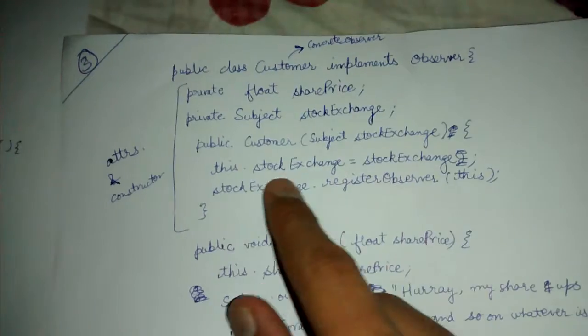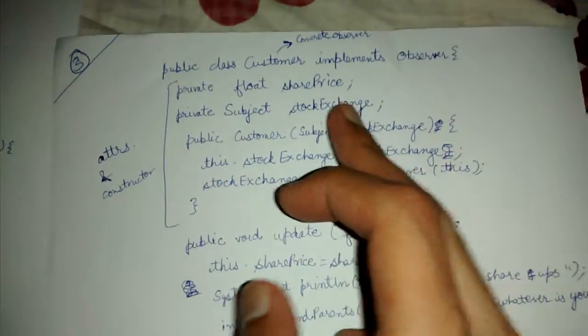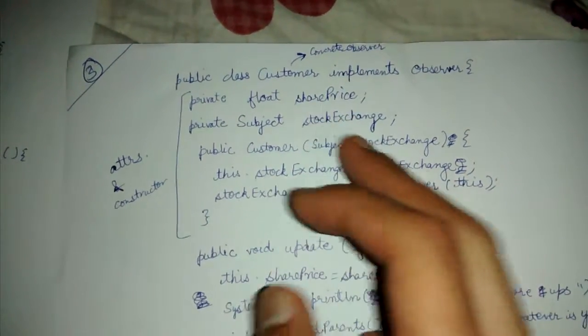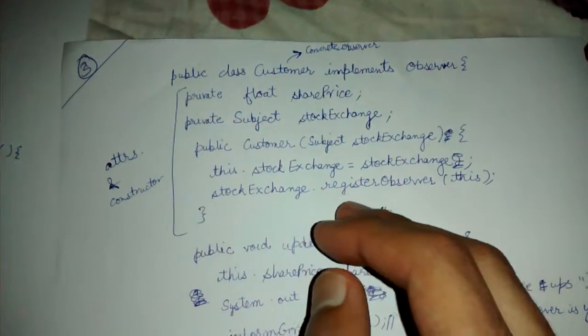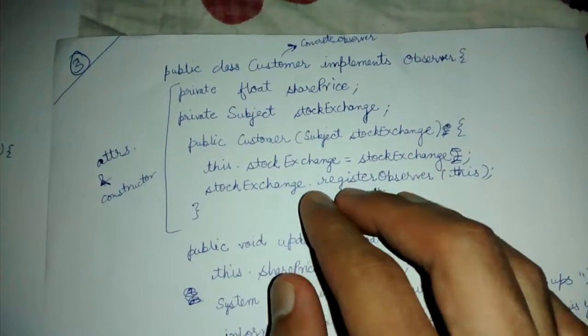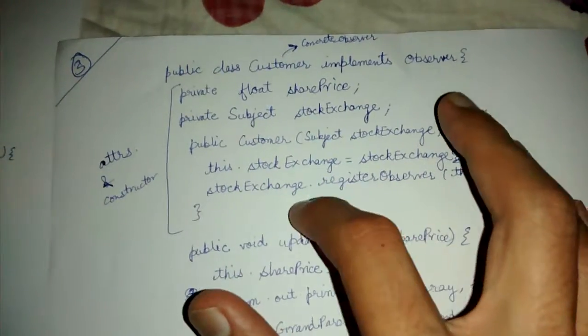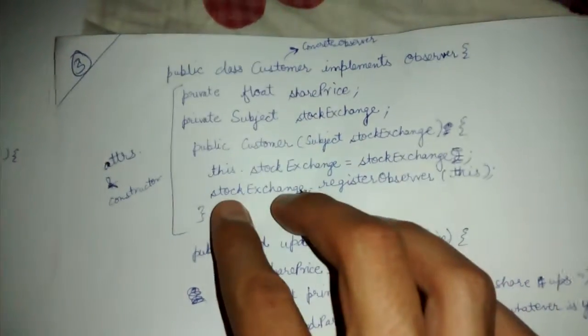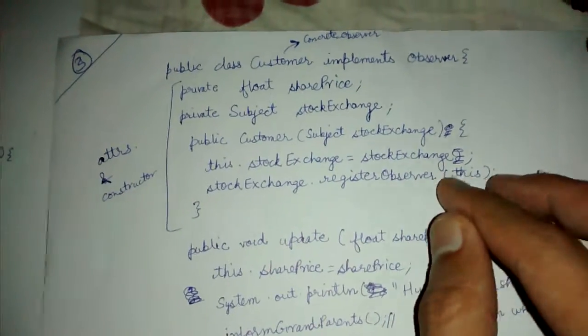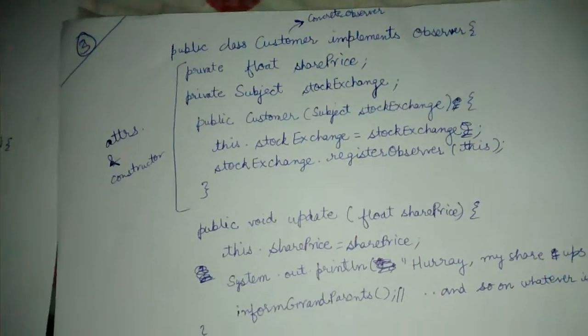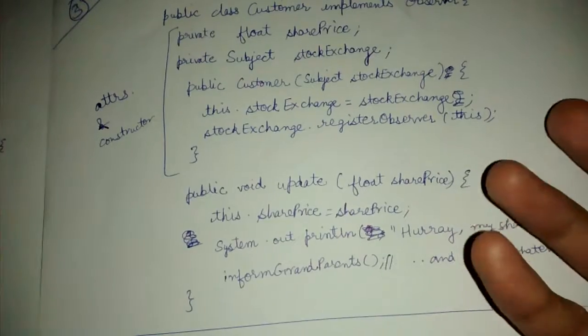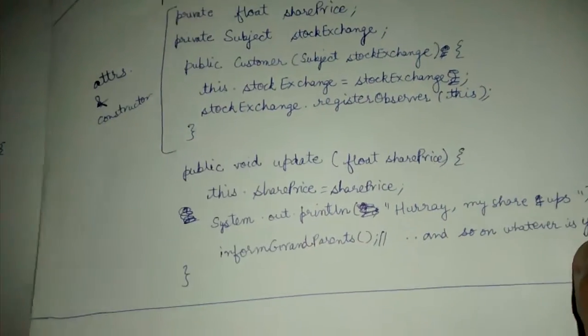So it will update its attribute by that, and in the next line it is registering itself to that stock exchange. So it will call register observer method on that stock exchange, and it will pass itself as an argument. That is, it is saying that please register me as your observer.